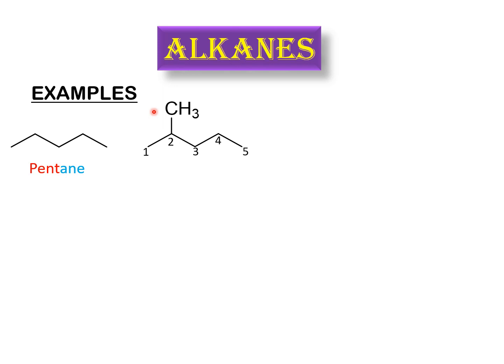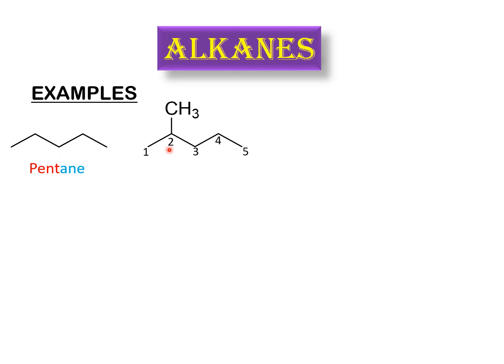So we have done everything possible, and now we have to name the molecule. So first you have to write the position and the name of the substituent. So the substituent is at carbon number 2, and it's a methyl substituent, and you know the rule that the position and the name of the substituents are separated by a hyphen, and then comes the parent name.